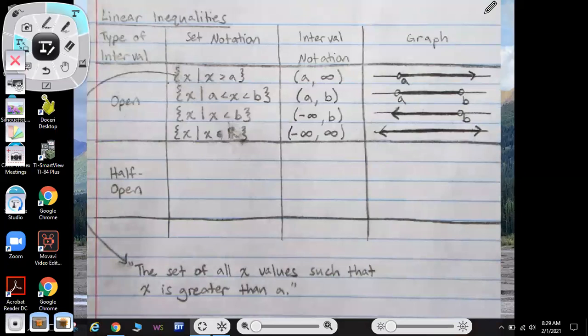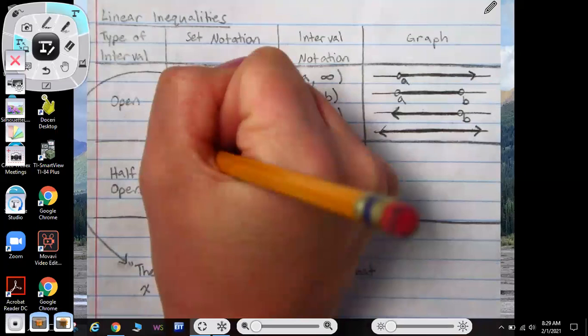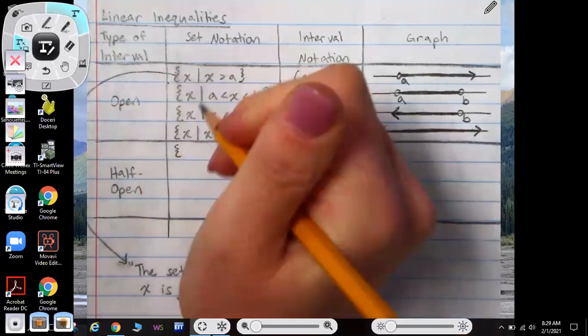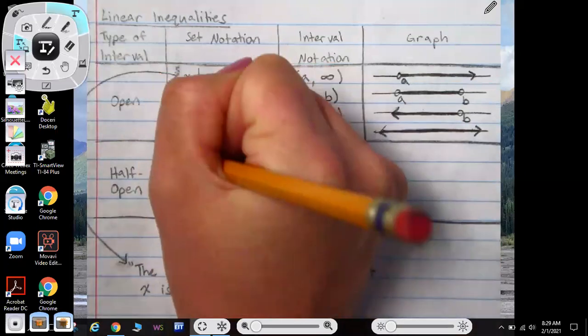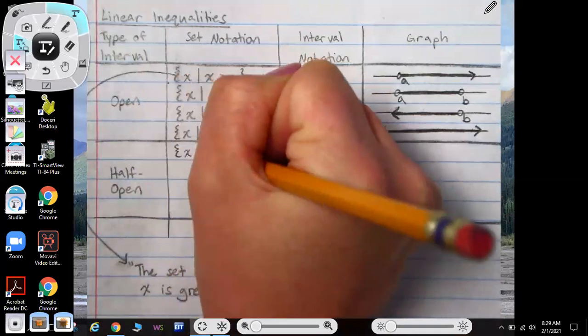Okay, the first one in set notation, the set of all x values such that x is greater than or equal to a.